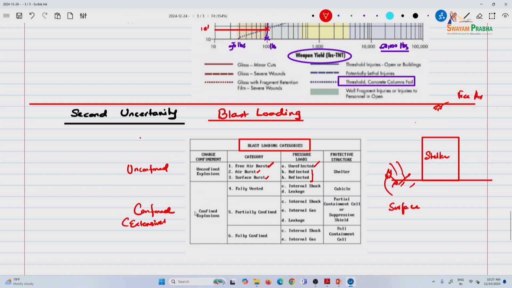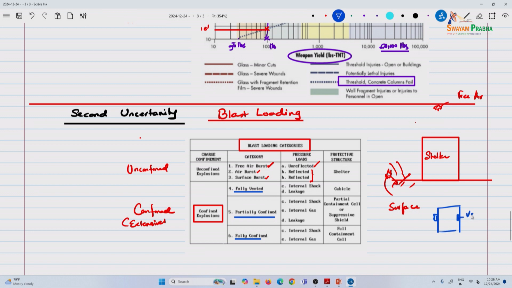And then you have confined explosions. If you see confined explosions, there are a variety of categories of confined explosions. So, you have fully vented, partially confined and fully confined. Fully vented is where you are going to have openings here.